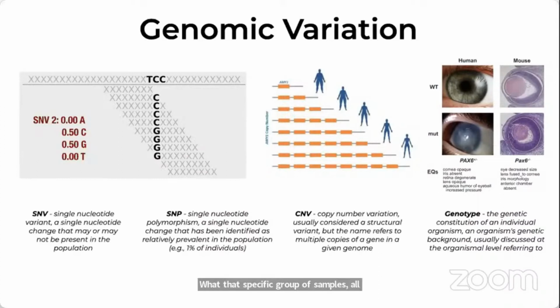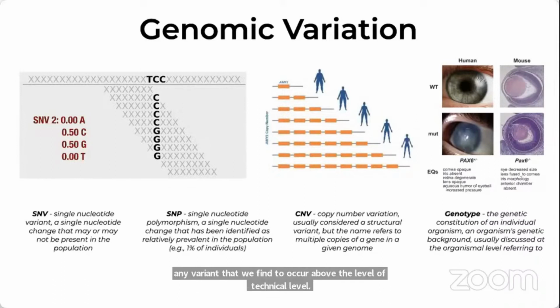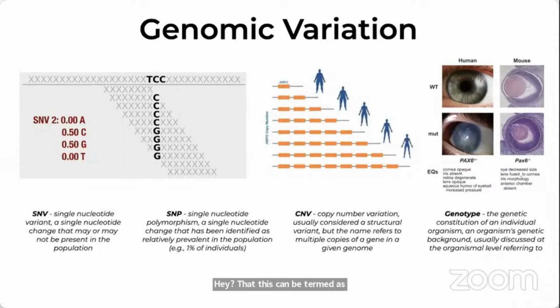Any variant that we find to occur above the level of technical error can be termed a single nucleotide variant, and any single nucleotide variant that is prevalent in approximately 1% of the population can be termed a single nucleotide polymorphism.